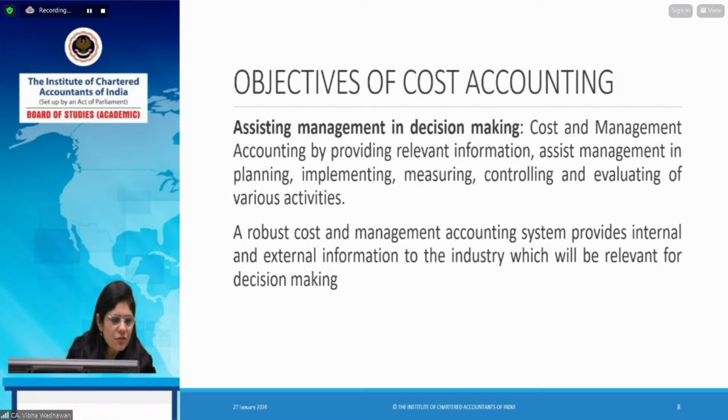And no issues, Prashant. What do you mean by ascertainment? Ascertainment, I explained you, it's computation. See, whatever subject you study, whether you study accounts, whether you study law, whether you study costing, whether you study financial management, there are some terminology which is very, very relevant and specific to a subject. All right.